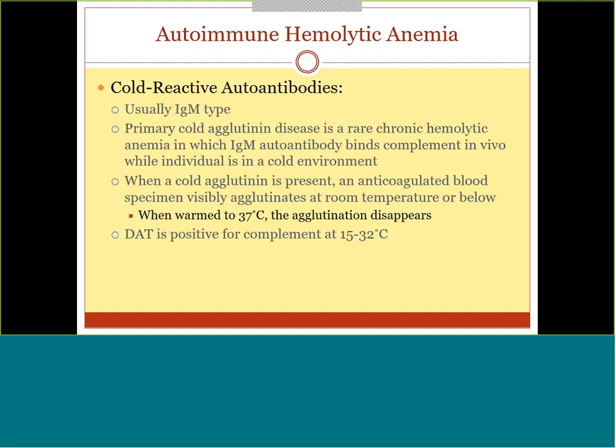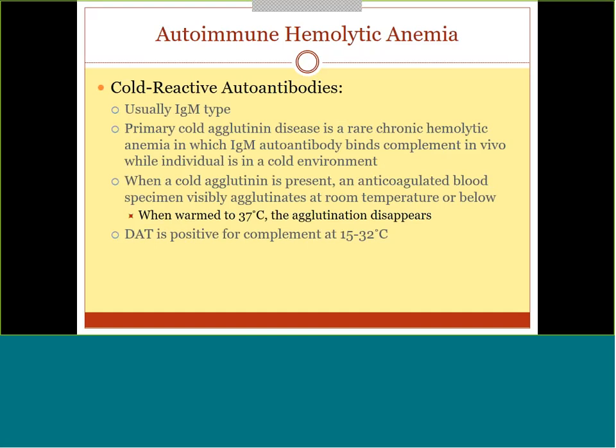Cold agglutinin disease is another name for a cold reacting autoimmune hemolytic anemia, in which inside the patient at a 37-degree body temp, everything's fine, everything's moving along, nothing's getting triggered to react. Once you go to draw their blood, you're going to notice that all of a sudden the blood inside the tube clumps, even when it's not supposed to.